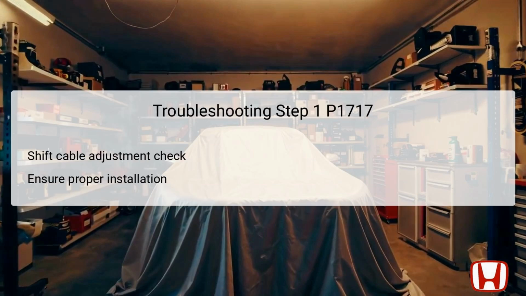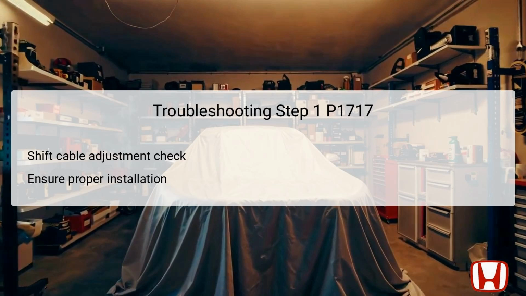The first step in troubleshooting DTC P1717 is to check that the shift cable is properly adjusted. An improperly adjusted shift cable can lead to misalignment between the gear selector position and the actual position of the transmission. To conduct this check, ensure the vehicle is in the on mode, allowing for the TCM to receive accurate signals.